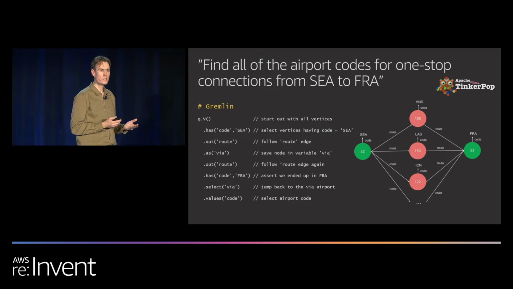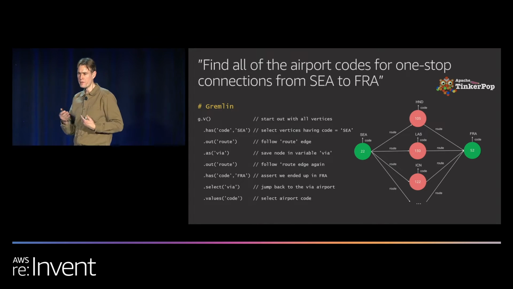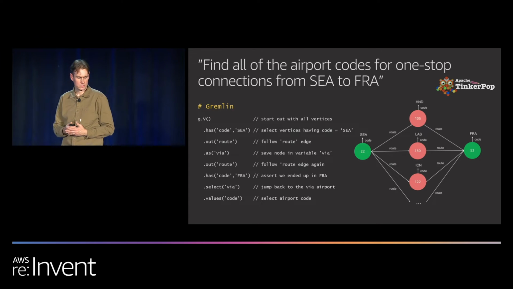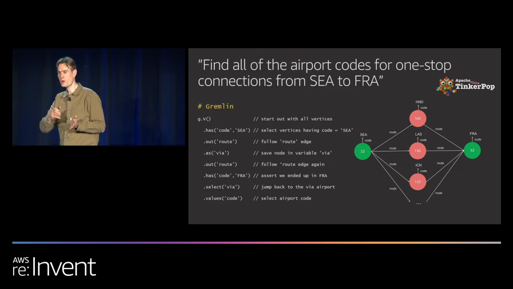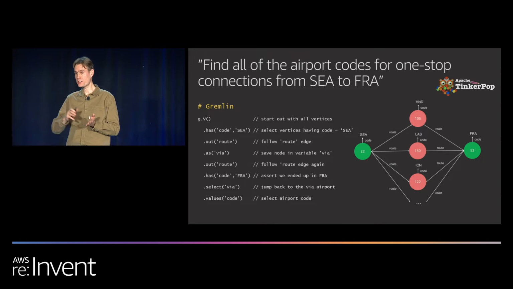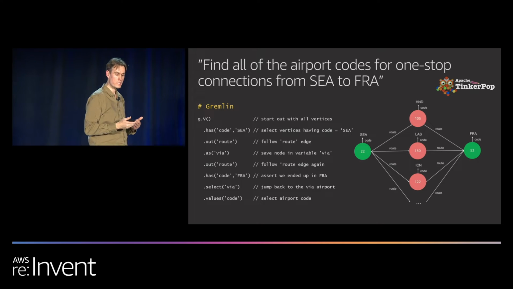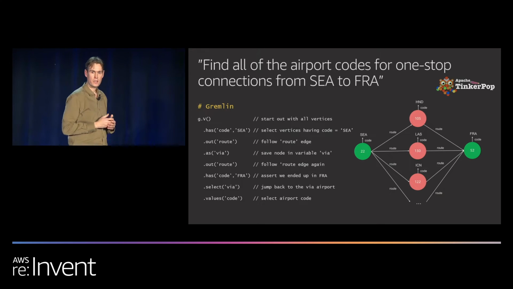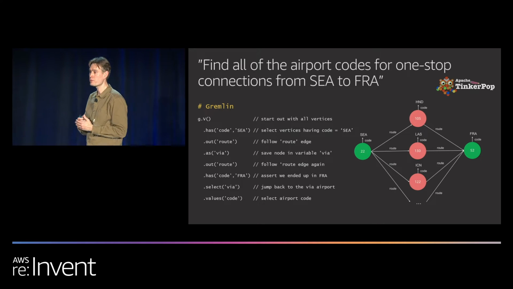The first thing we do is find nodes or vertices that have the airport code for Seattle. Then, in the traversal, we go out, following edges that have a label of route. You'll see the as statement in the middle that stores off this intermediate result in a variable that we'll refer to later.